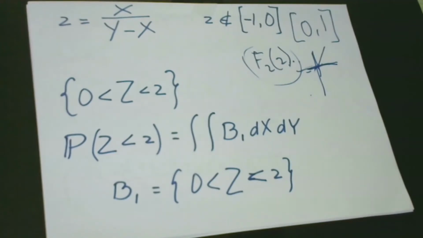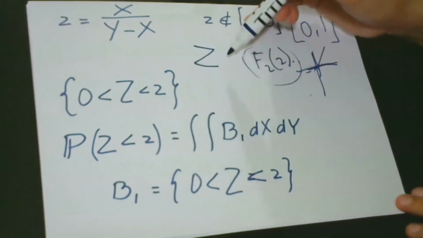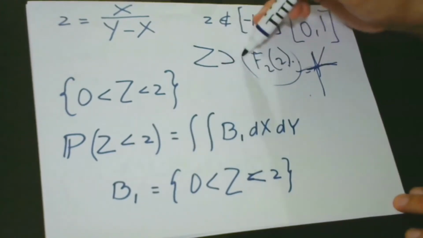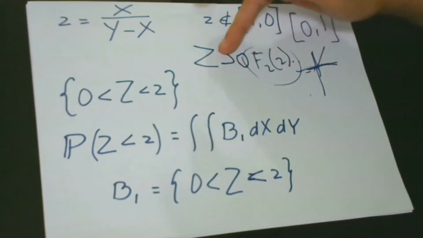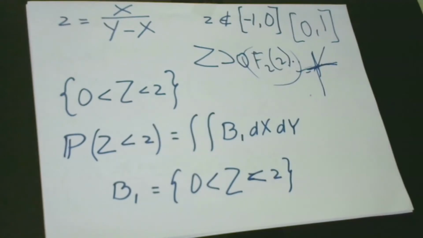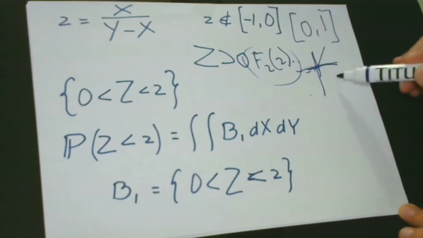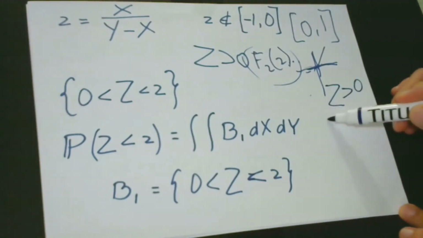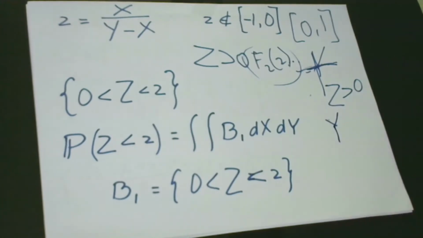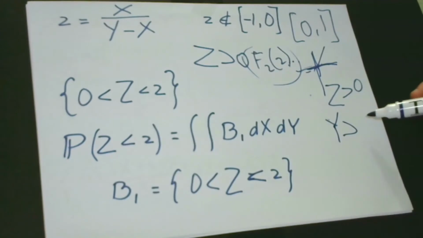So we mean to say that z is greater than 0. Because z is greater than 0, we can say that y is greater than x.